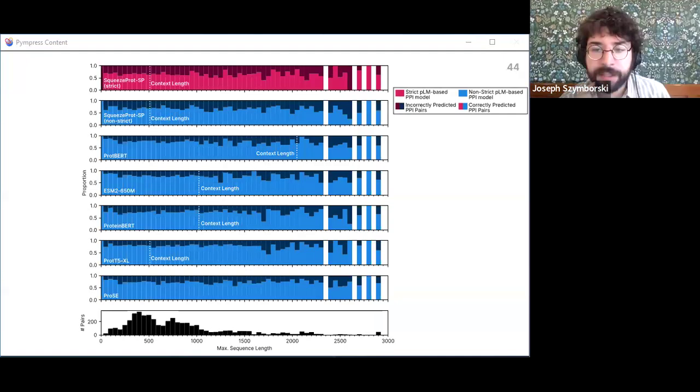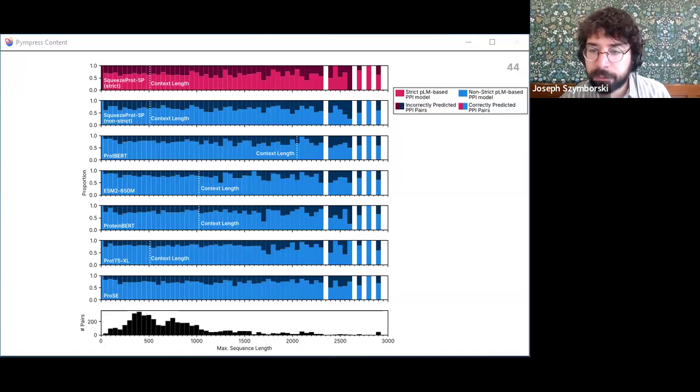And you can see this as well. This is another way of seeing this, where the context length of each model is reported by the dotted line. You have the maximum sequence length of the proteins on the x-axis. So in the pair, the longest sequence is reported on the x-axis. The lighter color shows you the proportion of correctly labeled edges in that bin, and the dark colors show the incorrect ones.